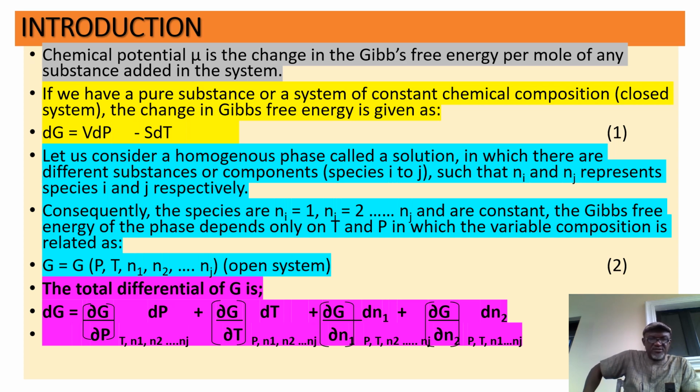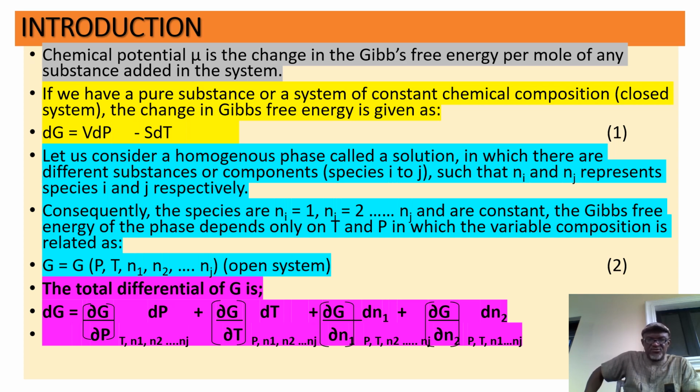We differentiate with respect to P, and we'll keep T, N1, N2 up to Nj constant. We differentiate with respect to T, and we'll keep P, N1, N2, Nj constant.